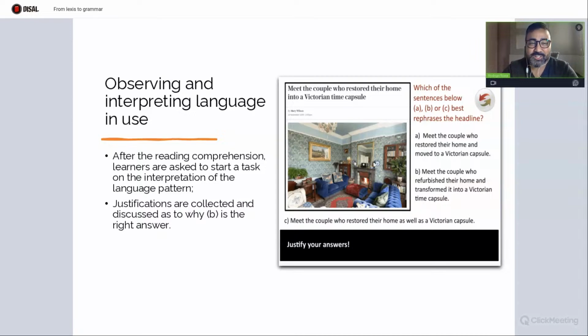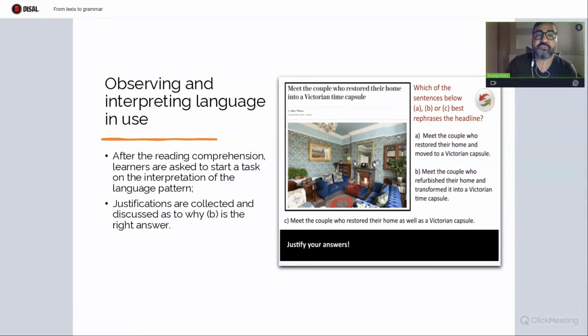So the justifications are collected, right, and discussed as to why B is the right answer. So what is the best interpretation to meet the couple who restored their home into a Victorian time capsule? It's letter B. Meet the couple who refurbished their home and transformed it into a Victorian time capsule, right?